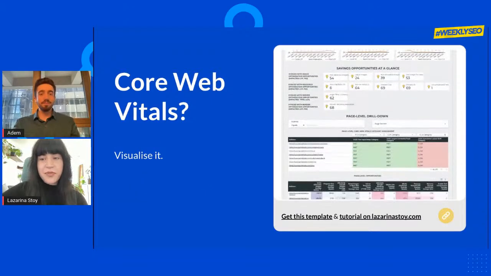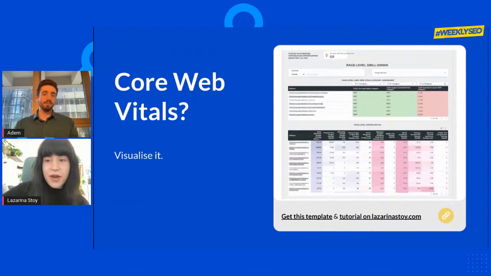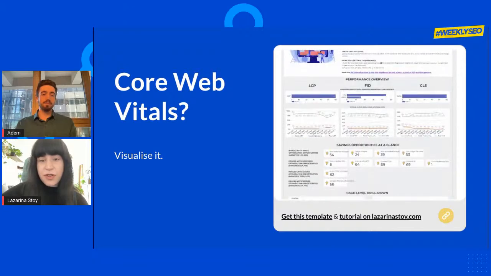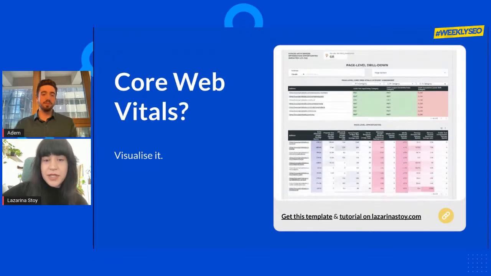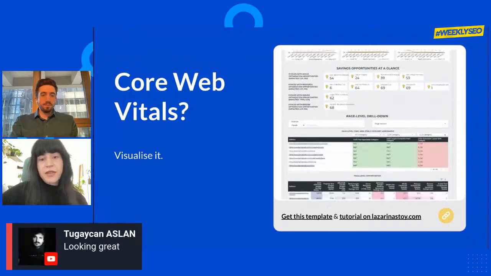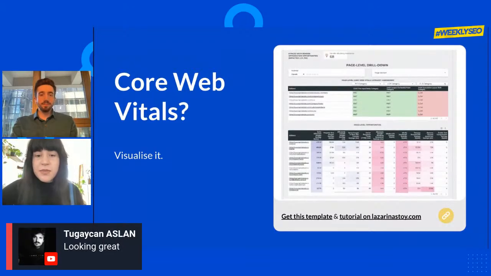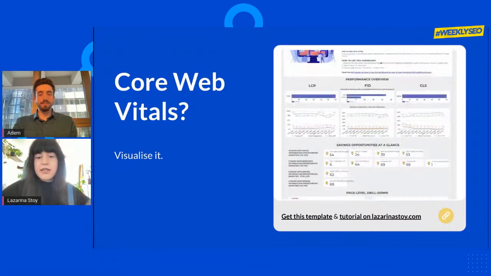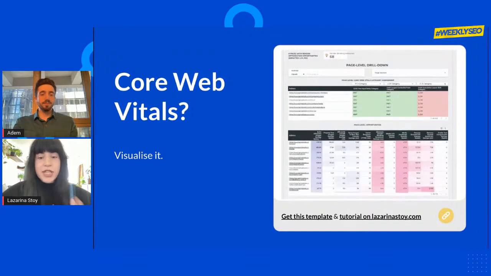Yeah, so the page level drill down of my dashboard is exactly what I use when I communicate with developers in my freelance clients, because it really allows you to see certain issues that are present across entire sections.